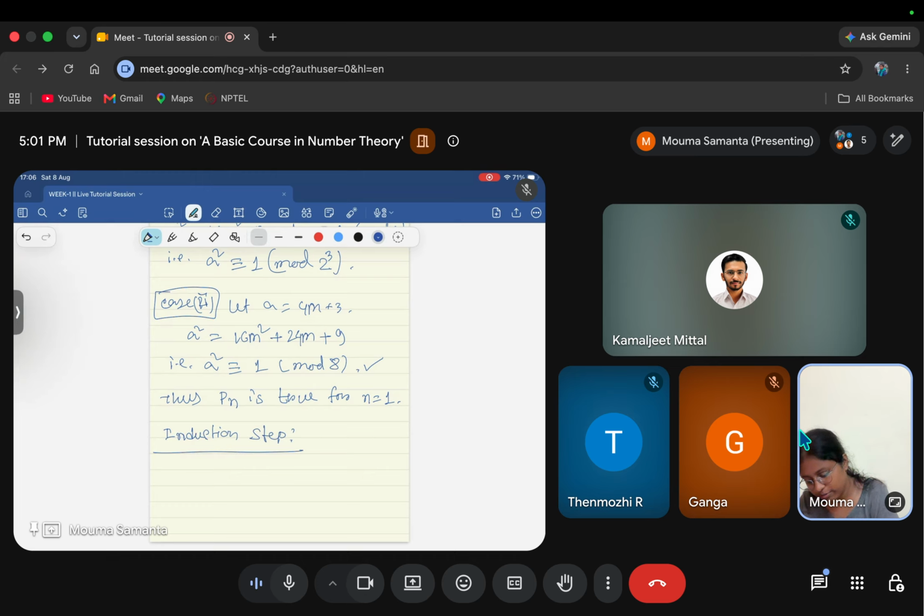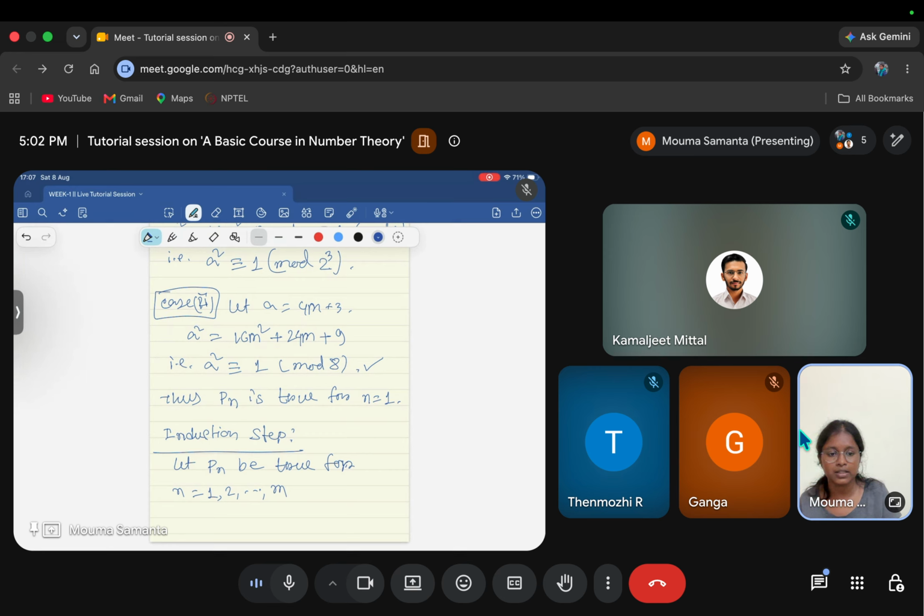So what we have to assume here: let Pn be true for n equals 1 up to some integer m. Though we will mainly use that Pm is true, it is always safe to consider Pn is true from 1 up to m, for every integer from 1 up to m.